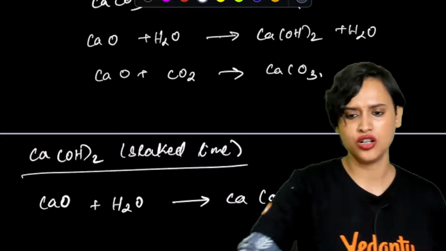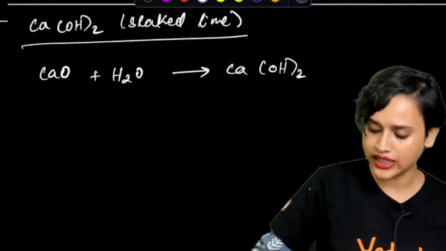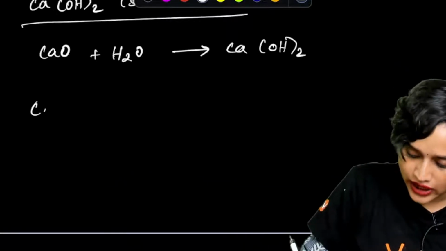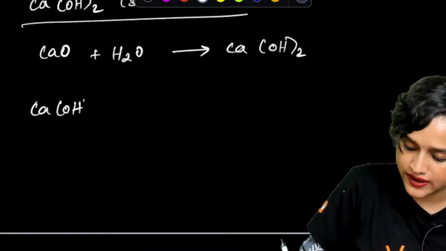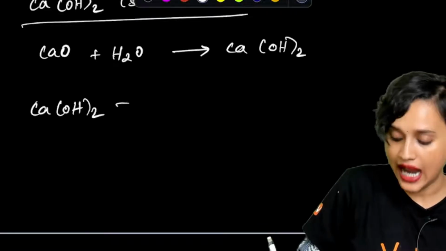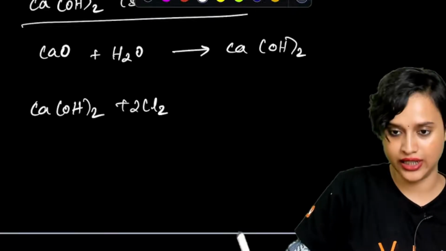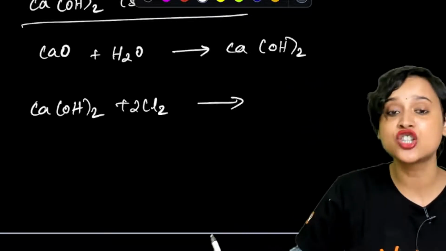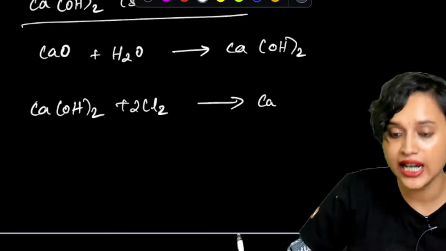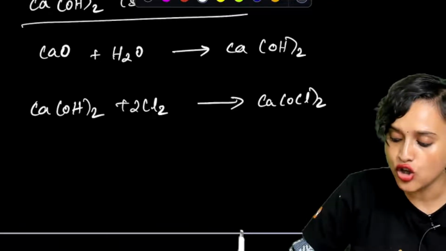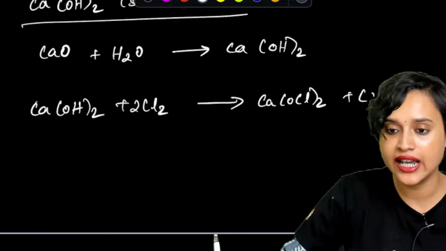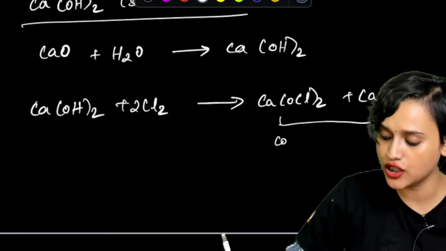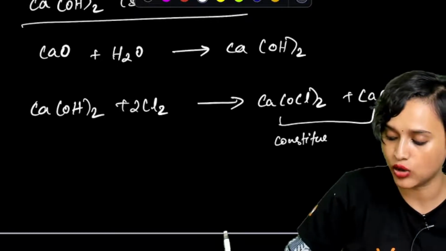Now, one more thing you have to know: if I take calcium hydroxide, slaked lime, and add chlorine to it, I will get calcium hypochlorite and calcium chloride, which are the constituents of bleaching powder.